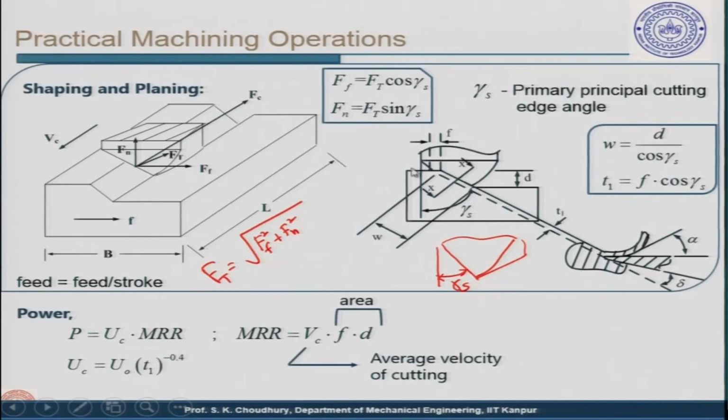So, this is the schematic diagram, this is the 3D picture, and here you can see the geometrical parameters. This is the feed, that means the movement of the workpiece here, because the feed is given to the workpiece along the direction perpendicular to the VC in one stroke, because as I said, the tool moves forward and then it goes back, and only then the feed is given.